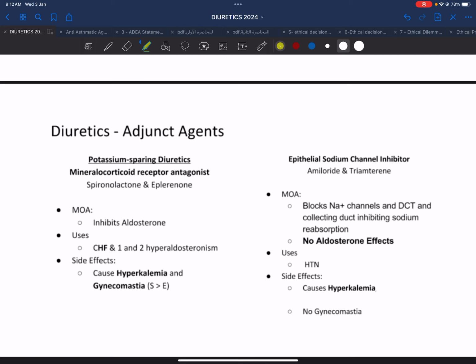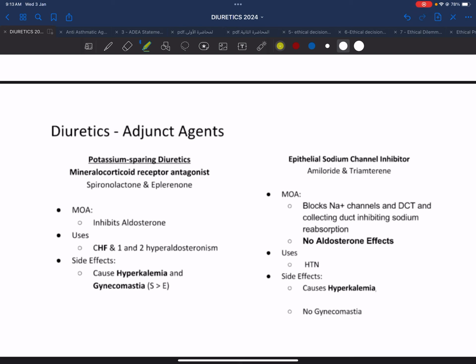The other one acts on the epithelial sodium channels in the DCT and collecting duct, the last two portions of the segment. So they are weak diuretics. Again, we give it in combination. The important thing is that it has no effect on aldosterone.